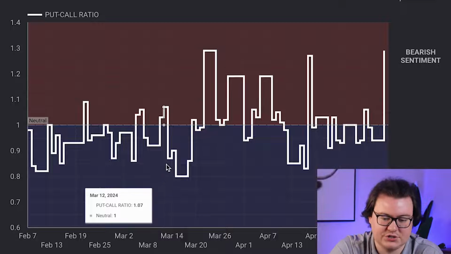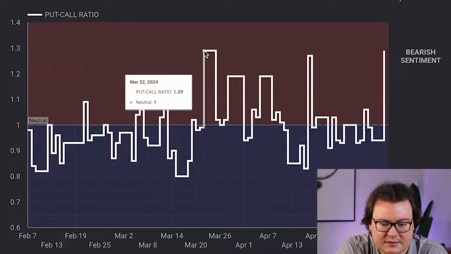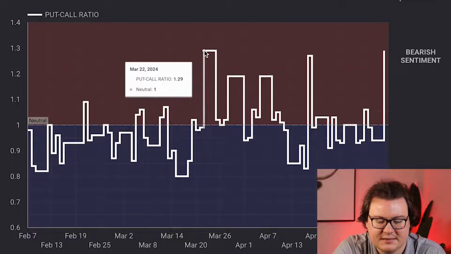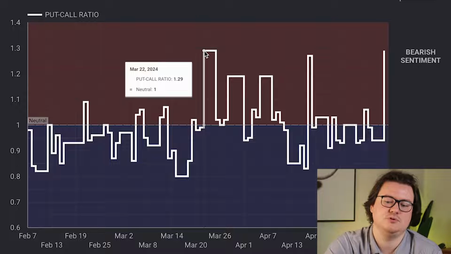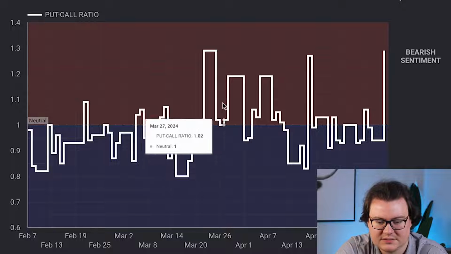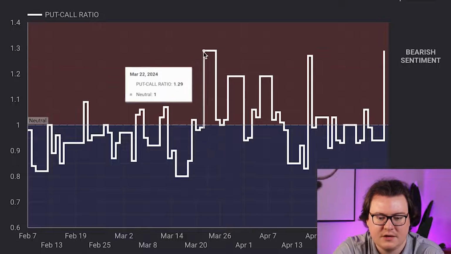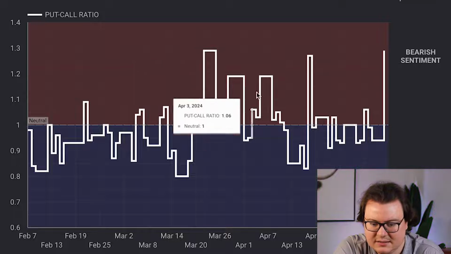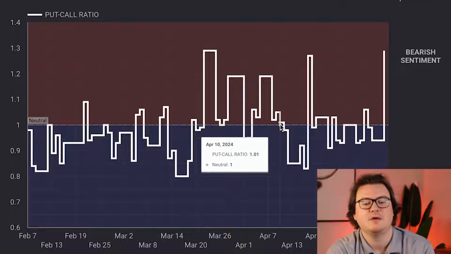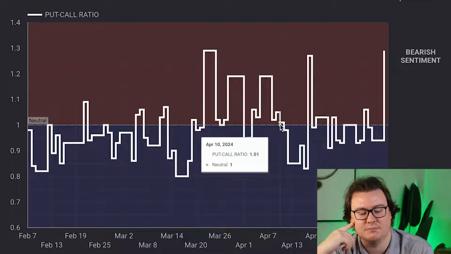Then things began to shift a little bit, and we saw on March 22nd, if we're following this little white dot that runs along the line here, we'll see that it popped way up into the bearish sentiment section. And even though it bounced around just a little bit and even crossed into bullish sentiment for a day or two, from March 22nd up until about April 10th, we had way more bearish sentiment days than we did bullish sentiment days.